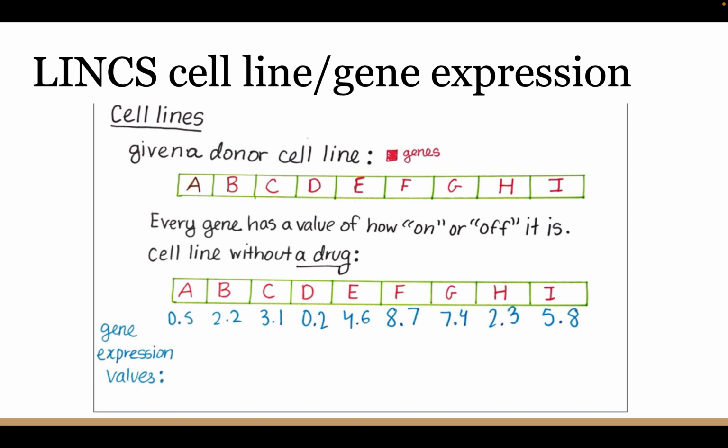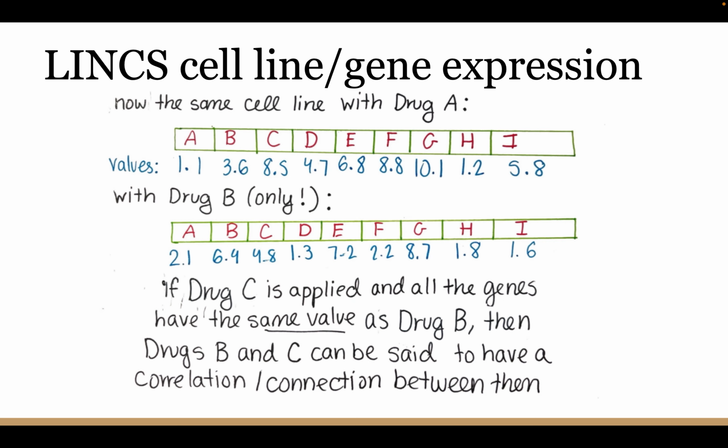For example, given a donor cell line without any kind of drug applied to it, this would be my cell line and the values. Now, if I have drug A, the values will change, and there'll be different values. With drug B, you could also see different values. If drug C is applied and all the genes have the same value as drug B, then I can infer that B and C may hit similar targets in the cell, and thus have a connection.